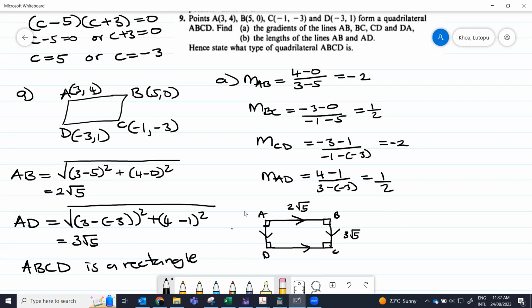For a square, all the sides must be equal, but these two are not equal. So that narrows it down to rectangle. But keep in mind that a rectangle and a square both are parallelograms. They're just special types of parallelograms.